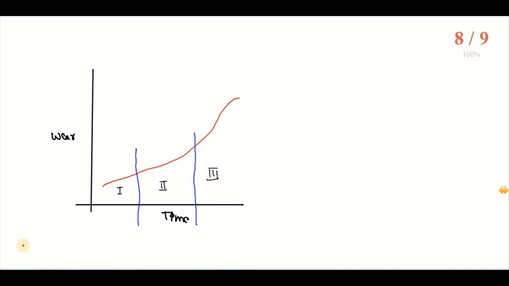At the first zone, you can see the wear is smaller because the sharp cutting edge is present. Due to that the wear is small.